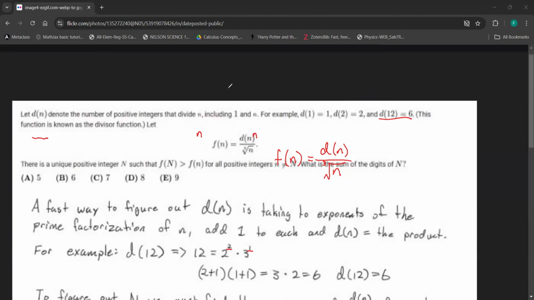And this works regardless. So yes, that is basically a hint, right? You are trying to get the prime factors of n, and you want to find some sort of pattern in order to get the maximum n that you can get.